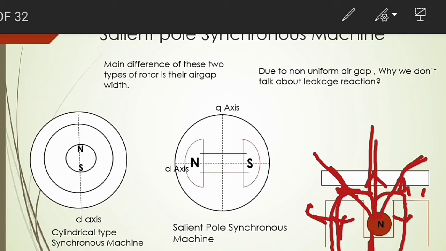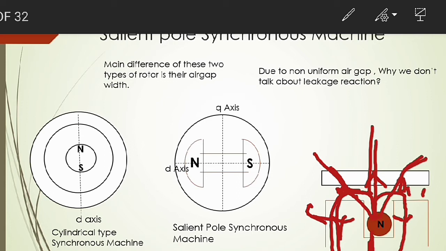That's why leakage reactance is independent of any movement of the air gap. So if the air gap increases or decreases, we only talk about the relationship between the air gap and the armature reaction.